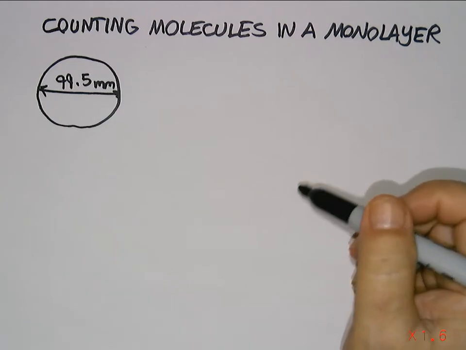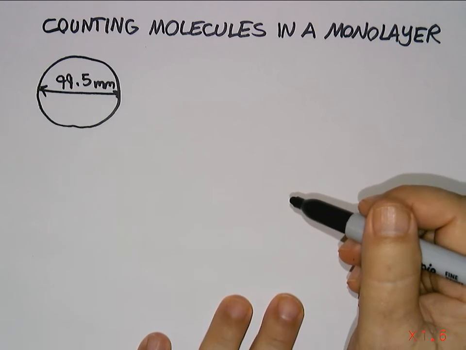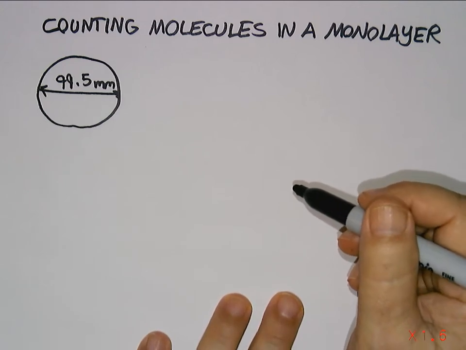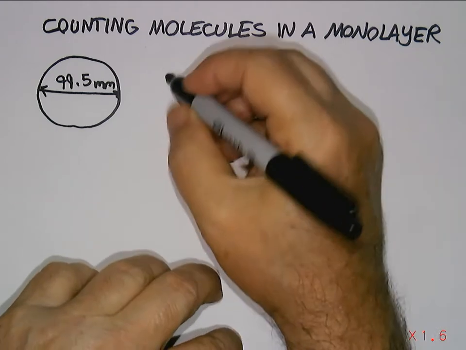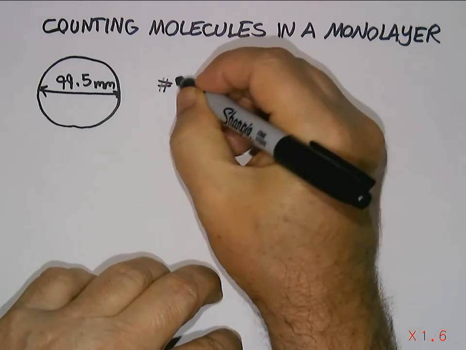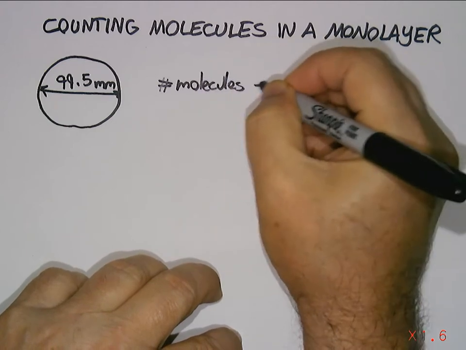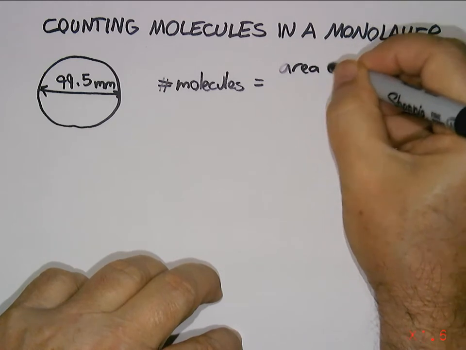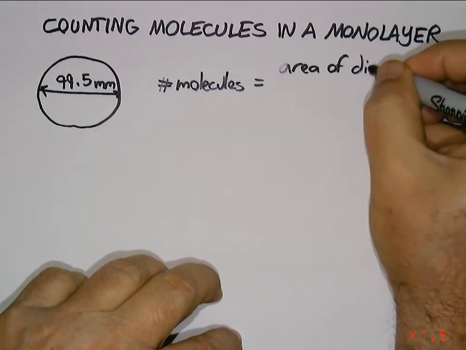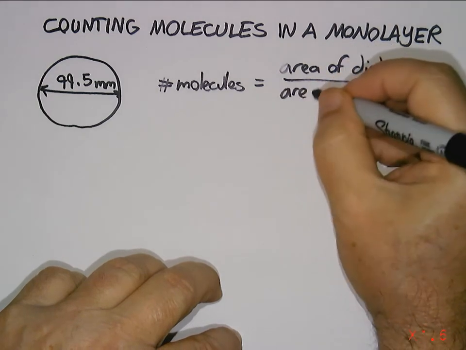And I want to count how many molecules are in the monolayer by dividing the area of the monolayer by the area of a single molecule. So the number of molecules I'm looking for can be calculated by dividing the area of the dish by the area of a single molecule.